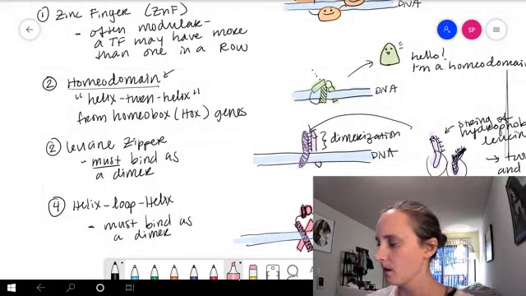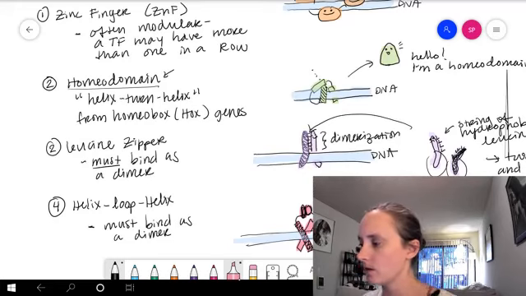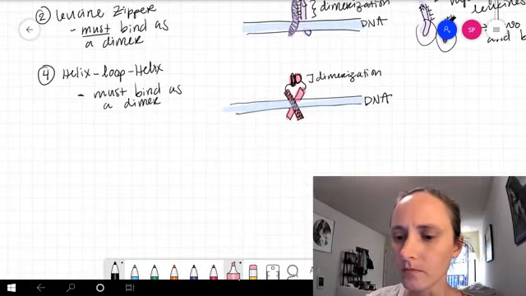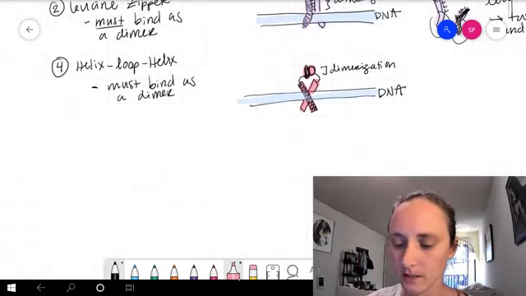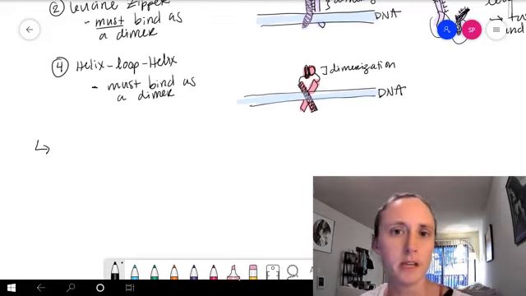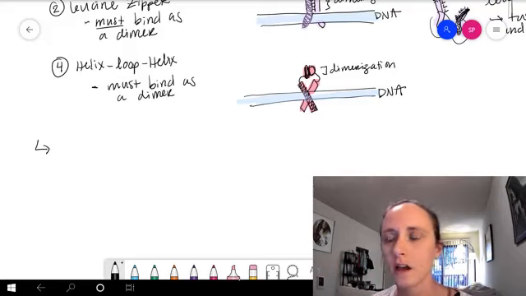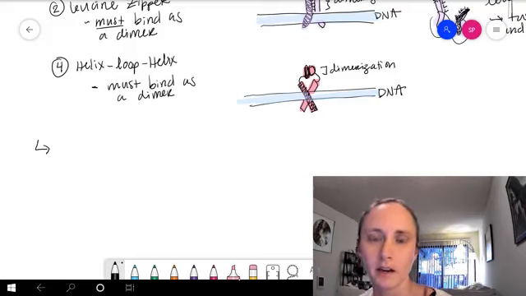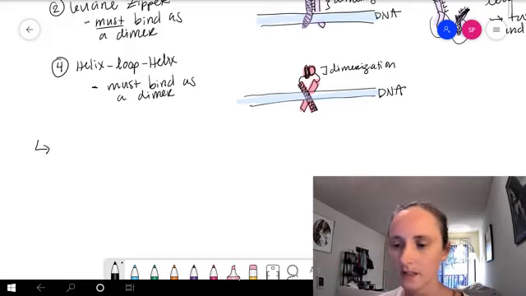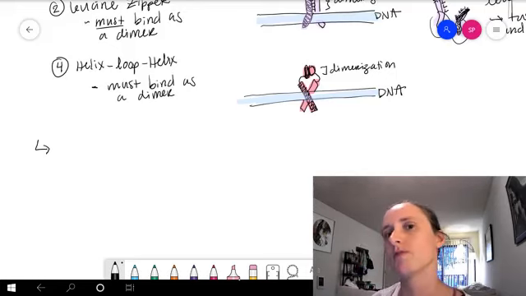So just another general note about transcription factors and DNA binding domains. DNA binding domains are not general DNA binders. They must bind at a specific site on DNA that has a sequence they recognize. And so they actually slide around DNA like a creeper looking for their preferred binding site.